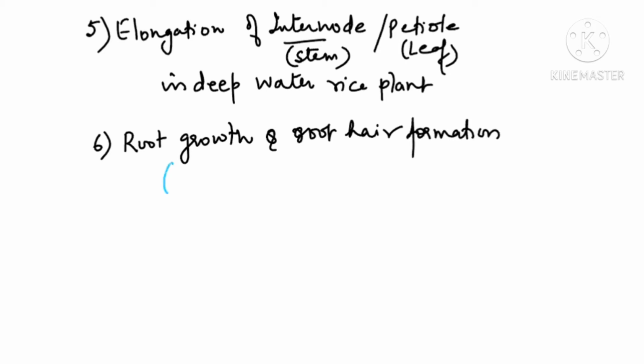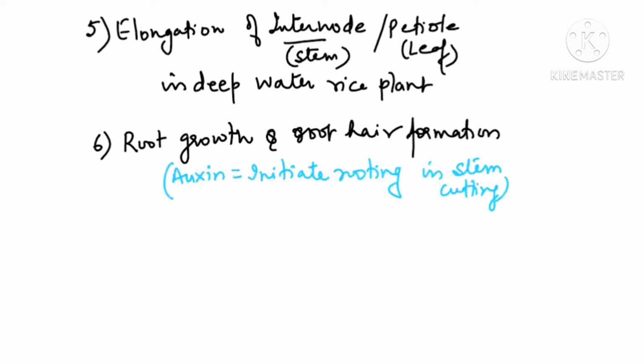In auxin, we have studied that auxin initiates rooting in stem cutting. Just like your rose plant, you bring the stem cutting, dip it in the auxin solution, and it will initiate the root. Root initiation is by auxin, but root growth, that is adventitious root growth, is associated with ethylene.